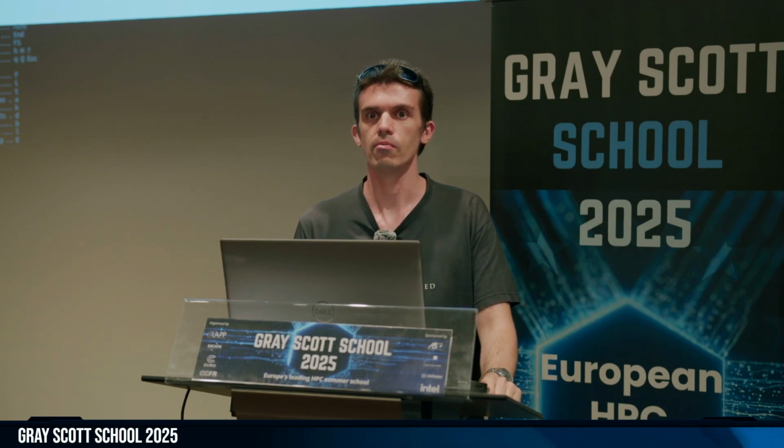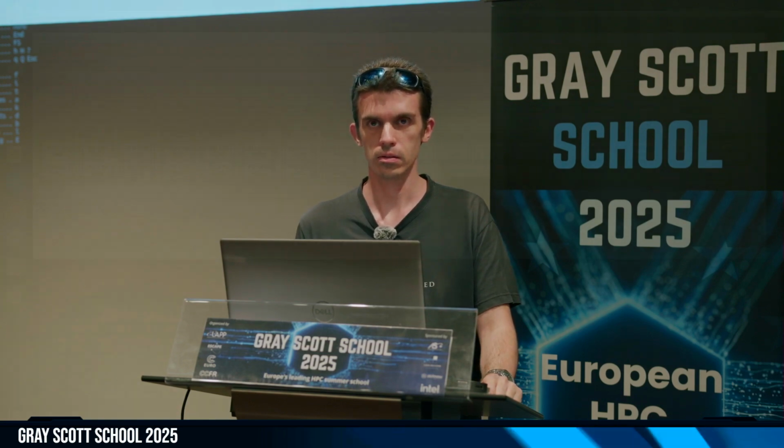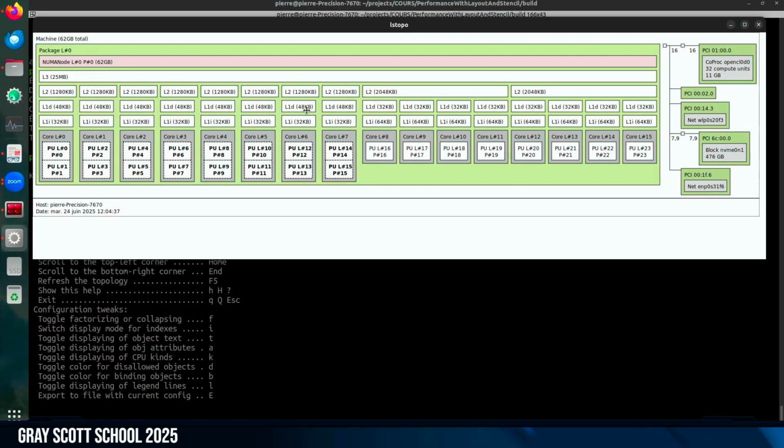What is the number? 48K? Is this the number of the L1 data cache? It's in fact, for most of the years now it was mainly 32K in L1D and L1I also, and now for the new architecture it's 48K and sometimes a bit more, depending on the vendor.